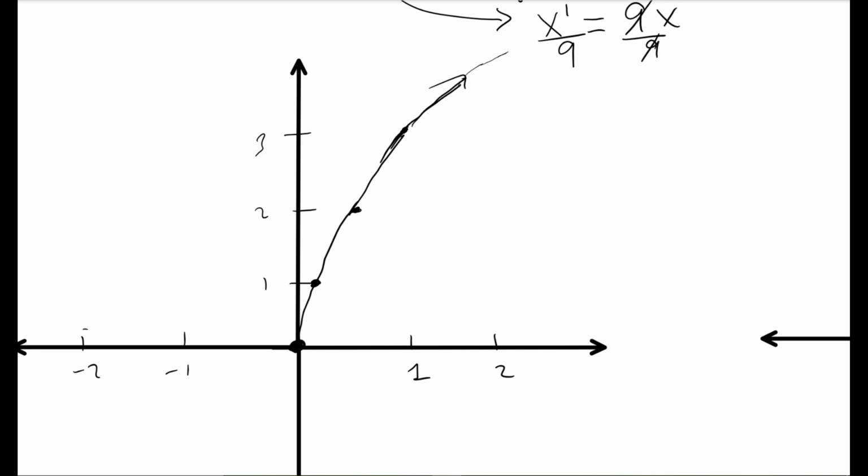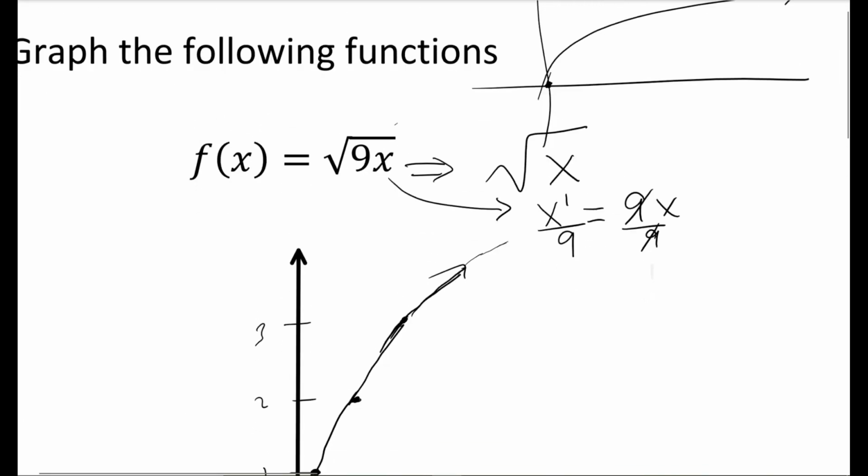Alright, so what happened to the graph? Well, if you look at the original function, normally the parent function will look something like this, and I'll do it in red just so that you can get an idea of how the normal function looks.